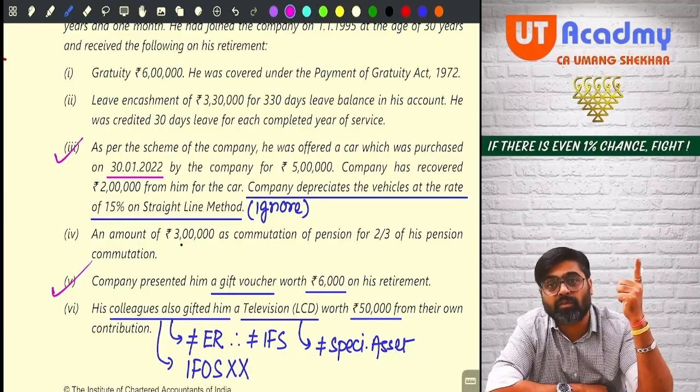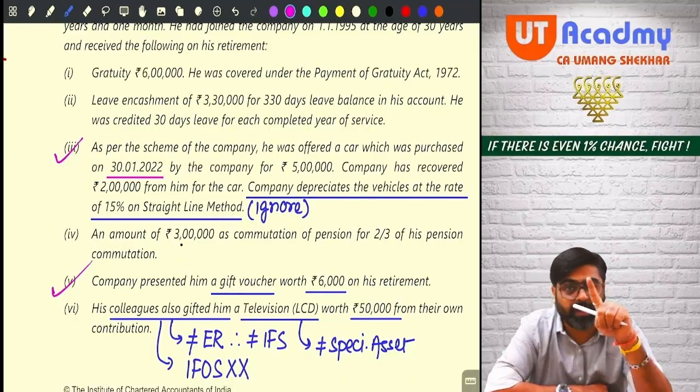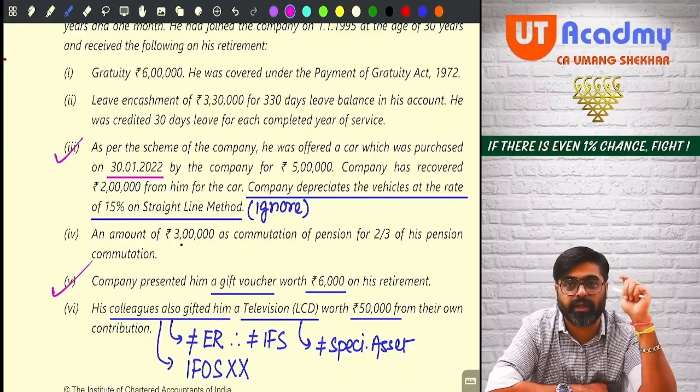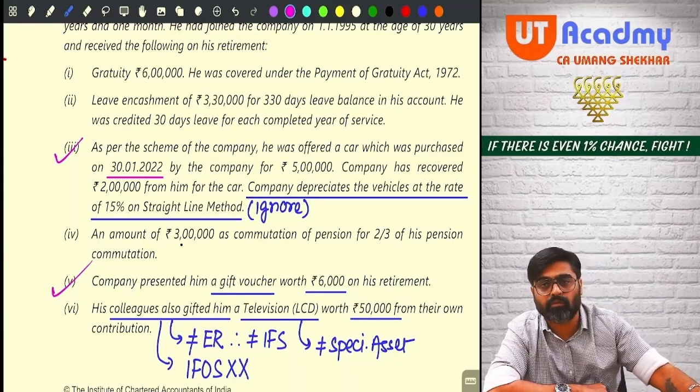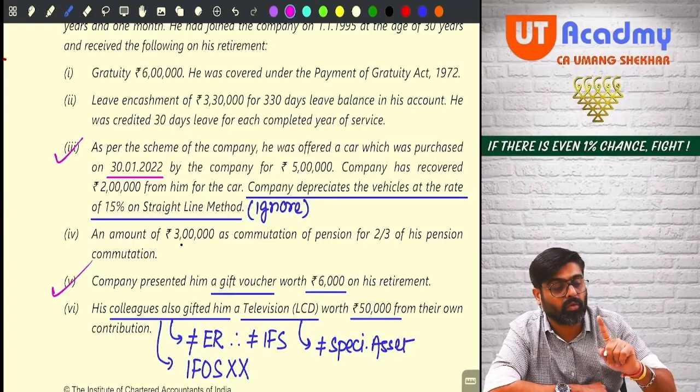And now number of years of service was 30 years and 1 month. Ignore 1 month, we'll take only 30 years. So 15 by 26 into 30,000 into 30 years. Do the calculation, come on fast. So 30,000 into 15 divided by 26 into 30 years will give you 5,19,230.